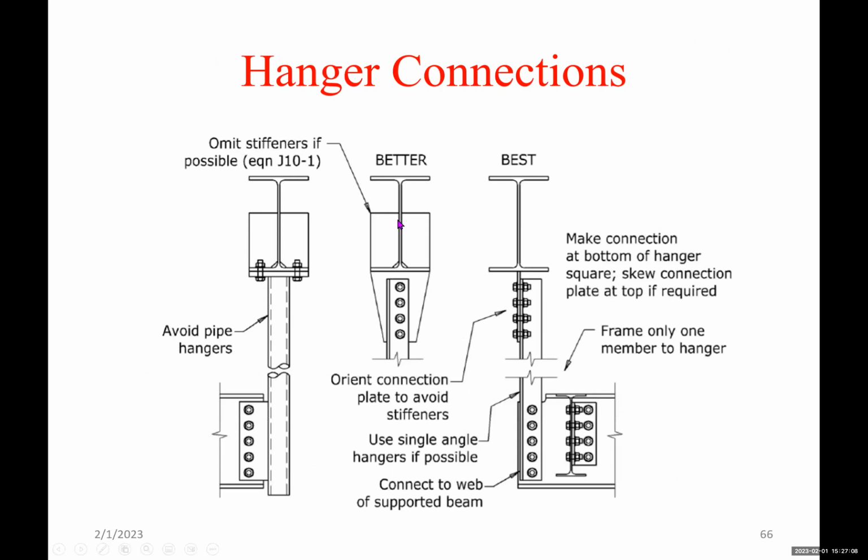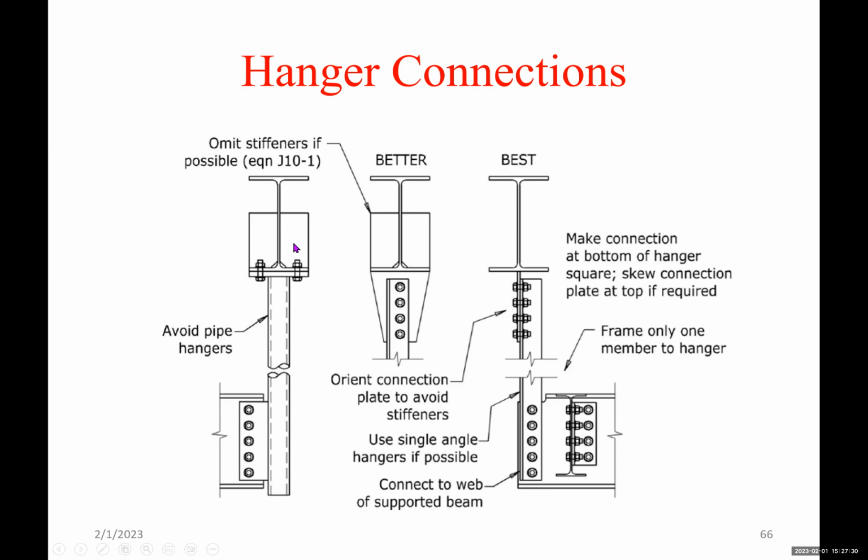Hanger connections. So we have hanger connections, we have to transfer some load through a hanger connection. We may have different configurations here. So we could have basically a pipe here or HSS. This is the beam. So the load is transferred through a pipe. Here we have to have stiffeners.